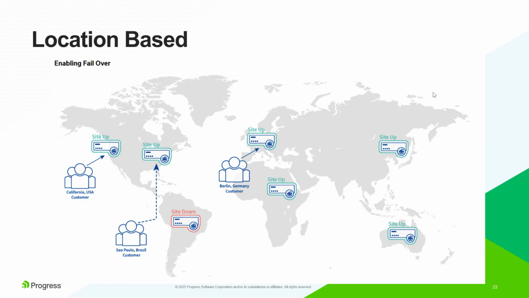So now, if there is a site failure when we're using location based, it's going to redirect the traffic to the closest location. And now if New York went down or the Northeast site went down, it's going to redirect the customers to the site in California. Now, when the site in South America does come back online, it's going to redirect traffic back to that original site.